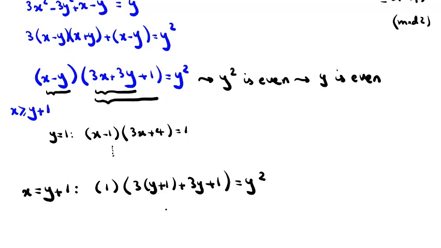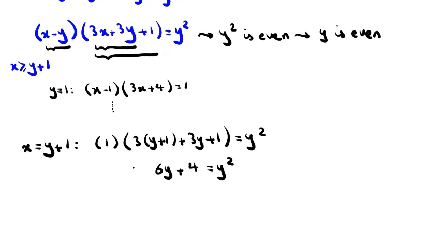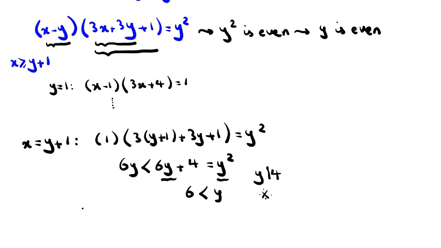Now here it will be 3y, 3y, 6y plus 3 plus 1, 4, equal to y squared. And then we can say it is greater than 6y. So if you divide by y, y is greater than 6, but y divides this term, so y divides 4. Y is positive, and this is a contradiction because a number greater than 6 is not a divisor of 4. So we reach a contradiction for this case.